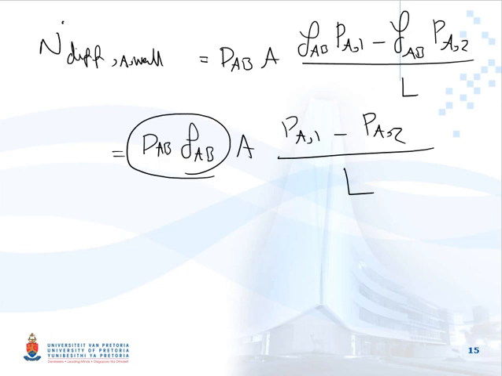This we just talked about. Solubility multiplied by the diffusion coefficient, how do we call it? We call it permeability.